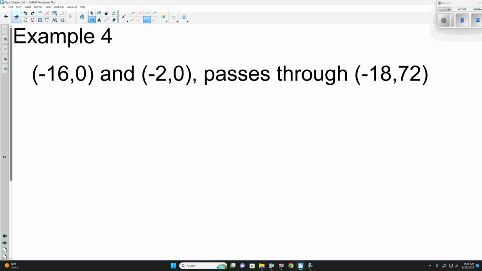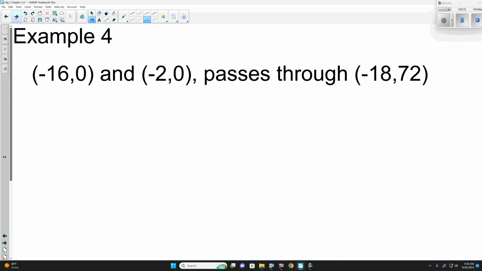But also looking at the two forms, vertex form gave us how many points to start with? 2. It gave us the vertex and the point it passes through, yes? X-intercept form gave us how many points? 3, because we have 2 for x-intercepts, and then we have the point it passes through, yes? How many points did this one give us? 3. That's another giveaway that it's x-intercept.